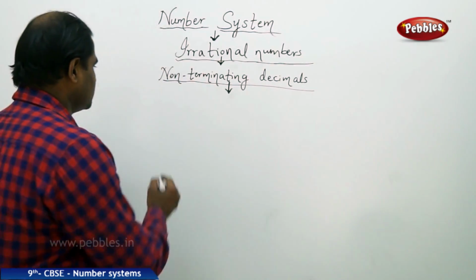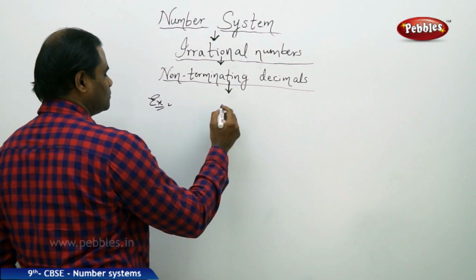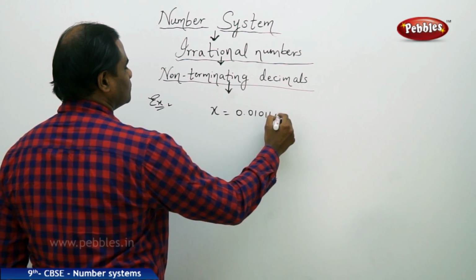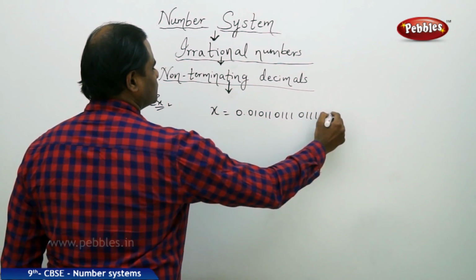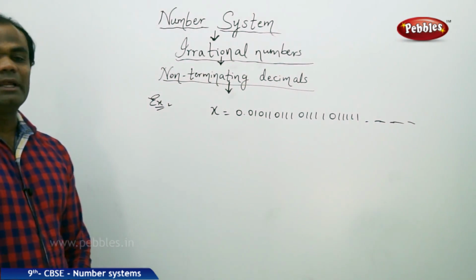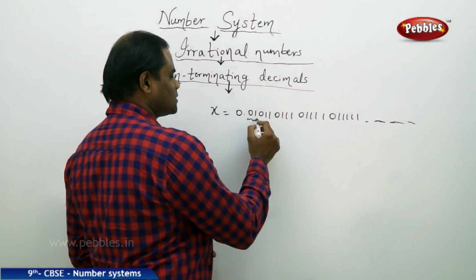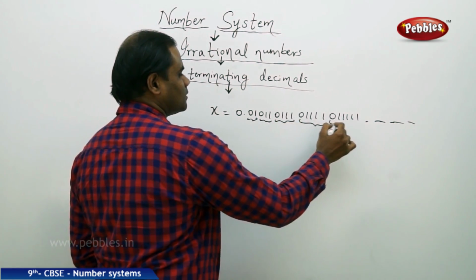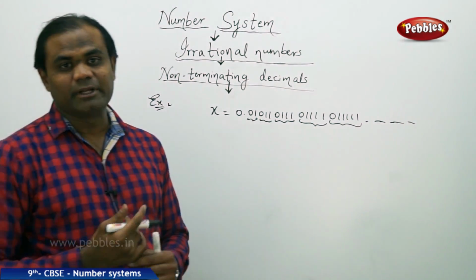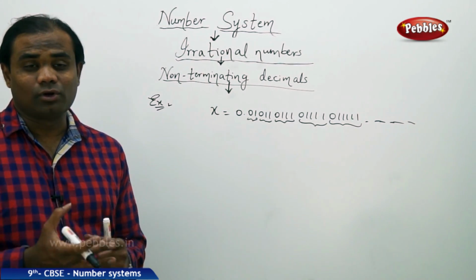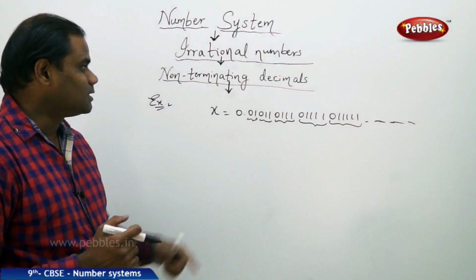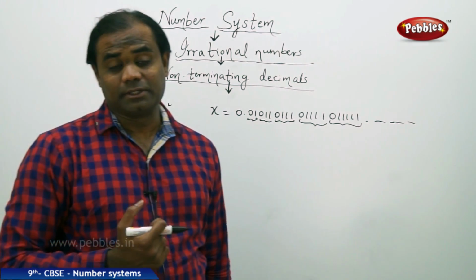For example, if I take a decimal in the form shown, this seems to be never ending. As I form a sequence, this repeats never ending on and on till infinity. So such a decimal in mathematics is called a non-terminating, never stopping decimal. So let's see if this can be a rational or an irrational number.